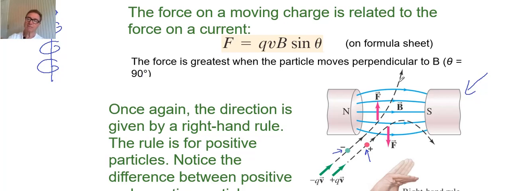Well, it flies up to the top. What's the force on the positive charge? Well, it flies down towards the bottom. So they each feel a force, but the direction of that force is different. For one, it's going to be going up. For the other one, it's going to be going down. And again, we can figure all that out with a thing called a right-hand rule.